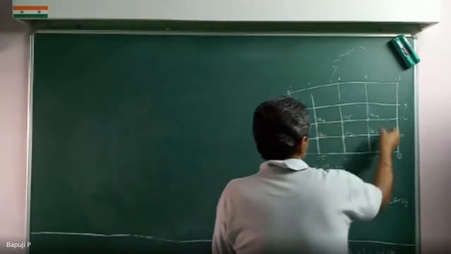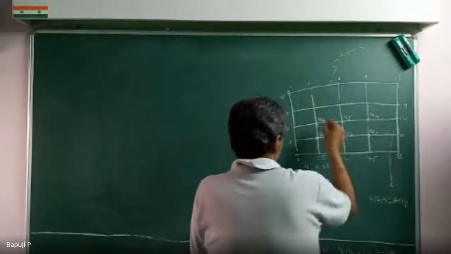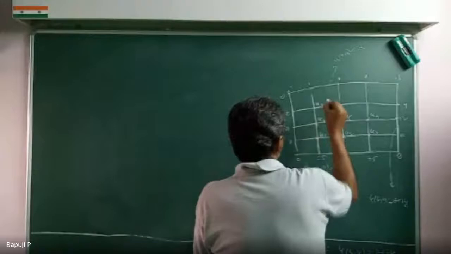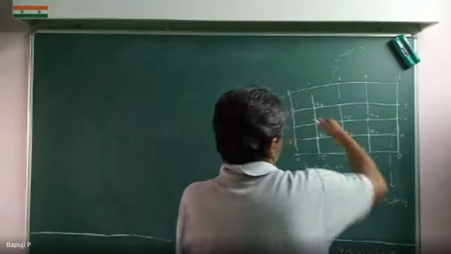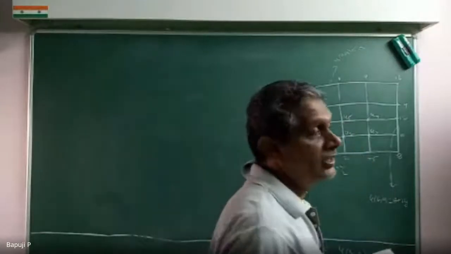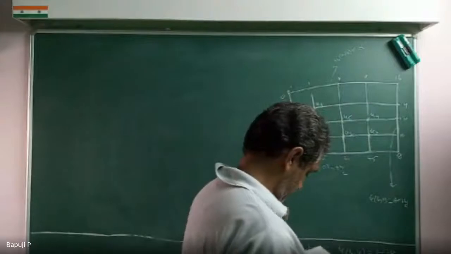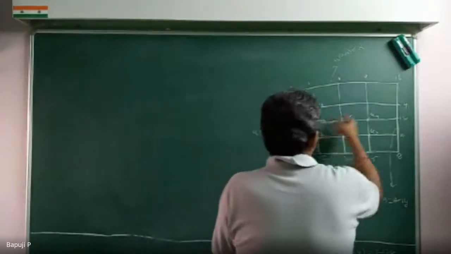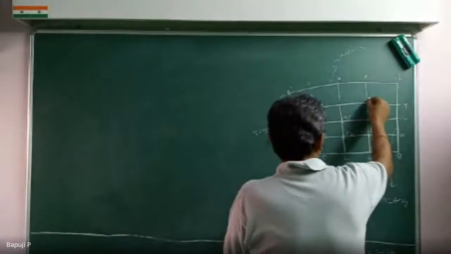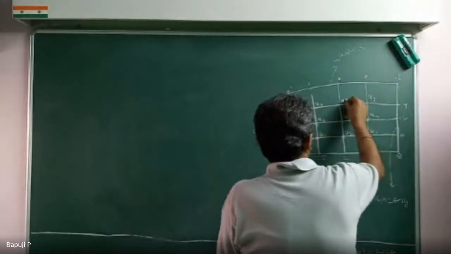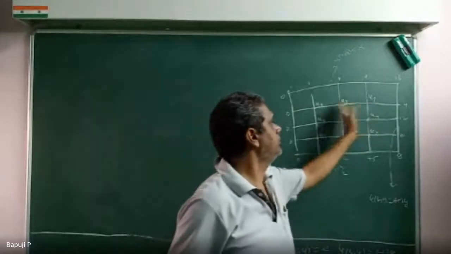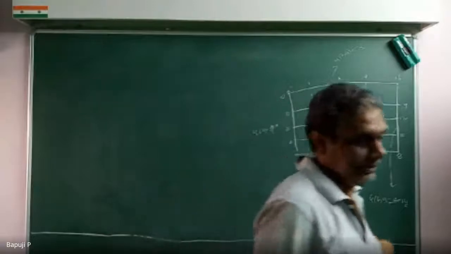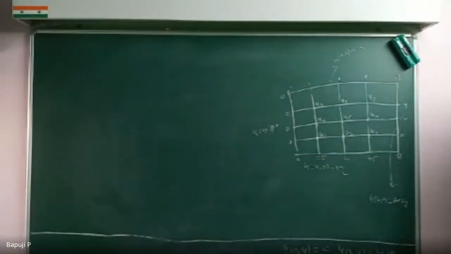It goes anti-clockwise 1, 2, 3, 4, 5, 6, then coming here U7, U8, U9. You can follow any fashion; the numbering doesn't matter, but finding in order is very important. Now my aim is to find all these values U1, U2, U3, U4, U5. In this boundary, I want to find each midpoint value using the Liebmann equation.